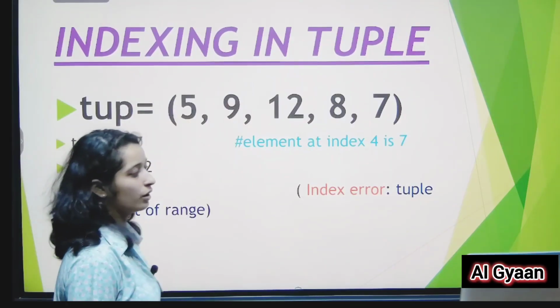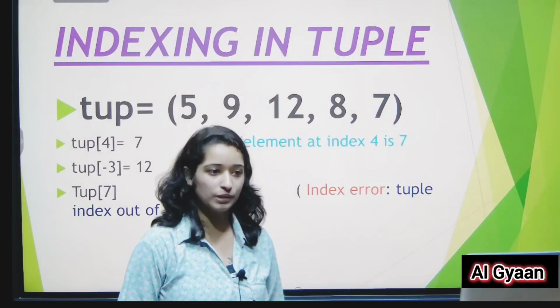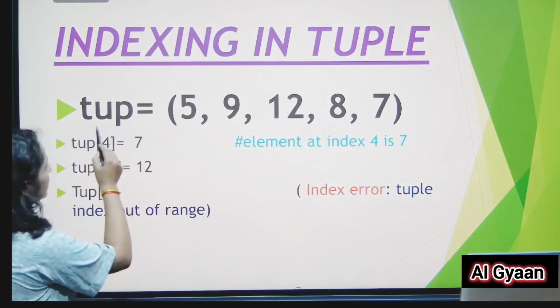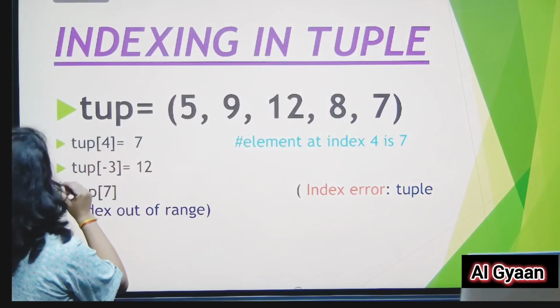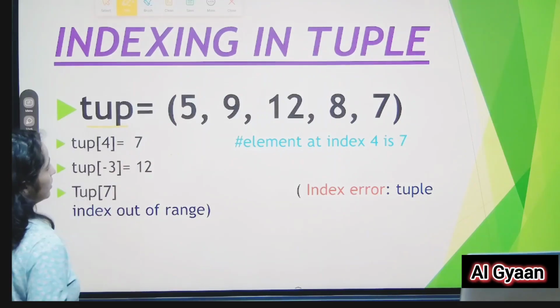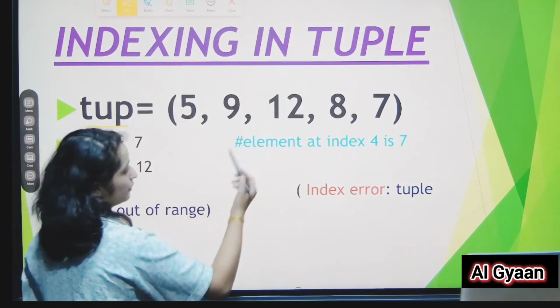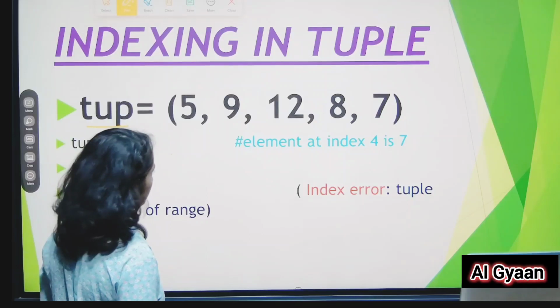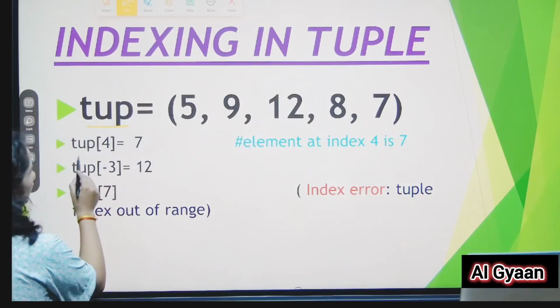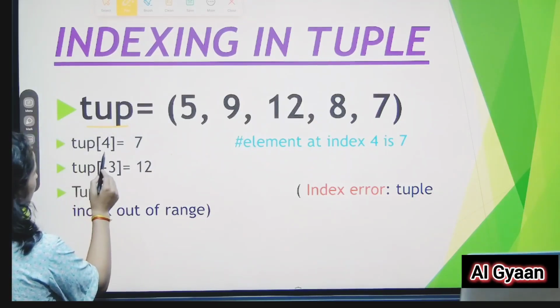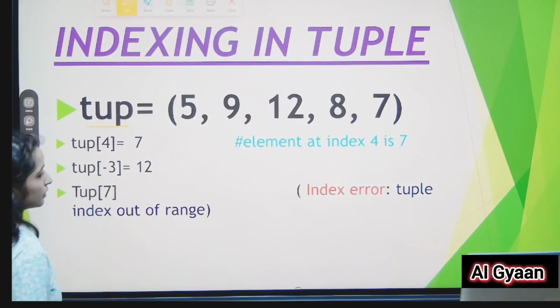The next data type is tuple. So now we'll talk about indexing in tuple. Here I have created a tuple named tup, and these are the elements inside my tuple. Here I have written tup and the index number is 4.